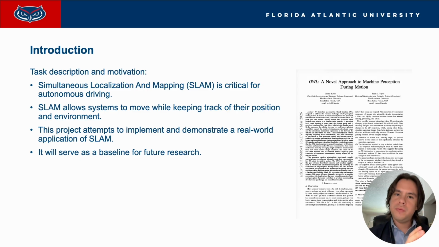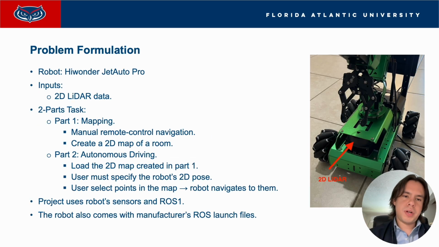The method is new, but there are not that many studies that actually compare it with other standard approaches. So hopefully this project will evolve and serve as a baseline that I can use to compare with this new approach in tasks like obstacle avoidance, for example. But okay, let's get back to this project.